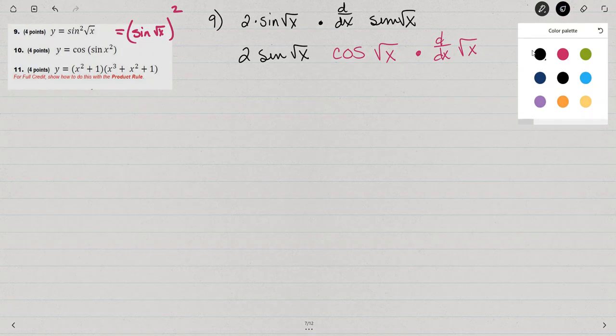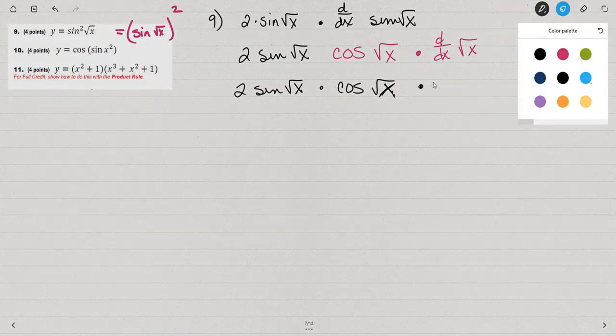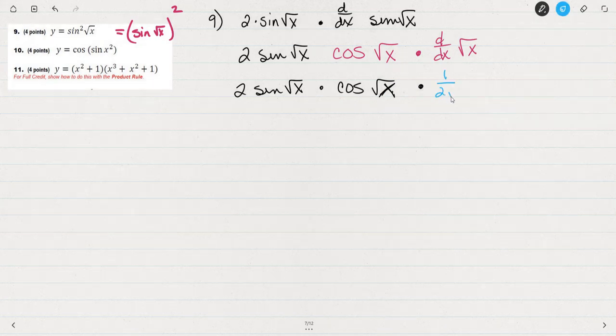So we've got 2 sine square root of x times the cosine of the square root of x times, and now the derivative of the square root of x is 1 over 2 square root of x. Do you see that these 2's will divide out?